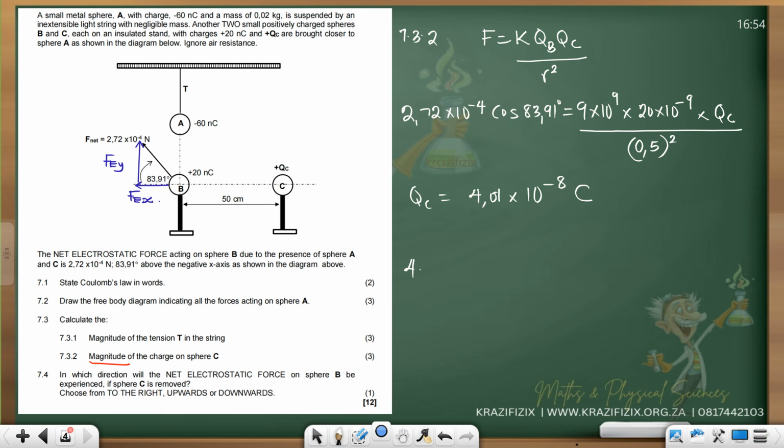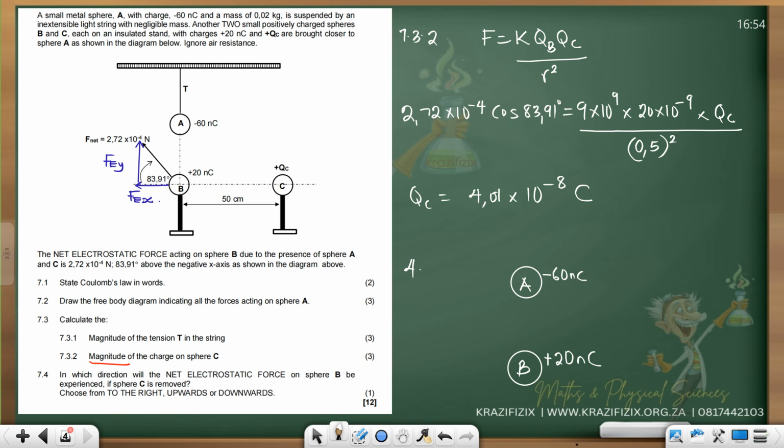Let's analyze quickly. This is A, and this is B. This is negative 60 nanocoulombs. This is positive 20 nanocoulombs. In which direction will the net force be?